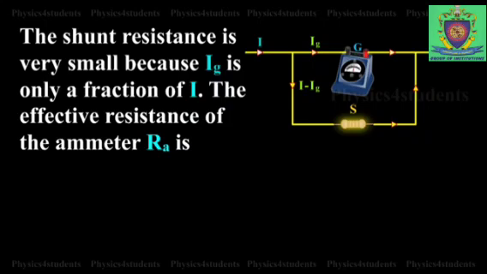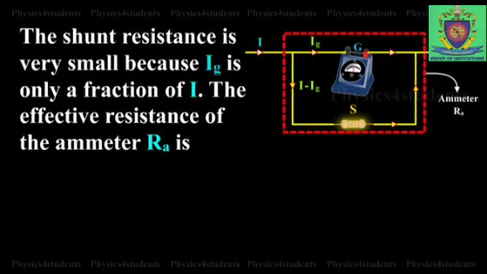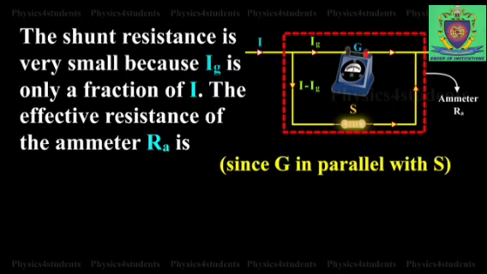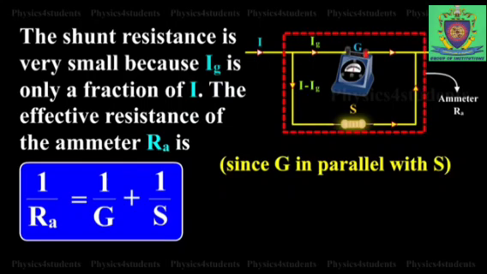The shunt resistance is very small because Ig is only a fraction of I. Now the effective resistance of the ammeter, let me take it like this, that is Ra. So how are both these resistances connected? The effective resistance is nothing but the ammeter resistance.